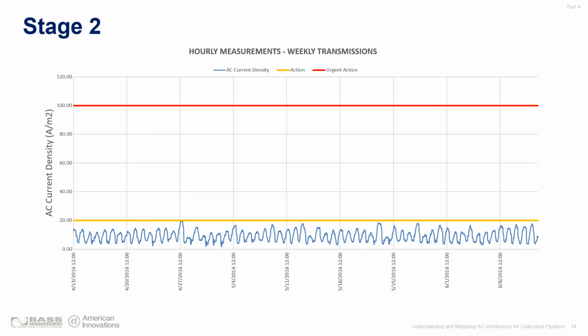And this is what this is showing, that AC mitigation has been installed, and now we're taking our measurements and we see that we're below that 20 amps per meter squared, even at the highest peak that we saw. So we're good here. And we can monitor this for a couple of months just to give us those warm and fuzzies and know that our mitigation system is working as it's supposed to, and our measurements are coming in well below that threshold.